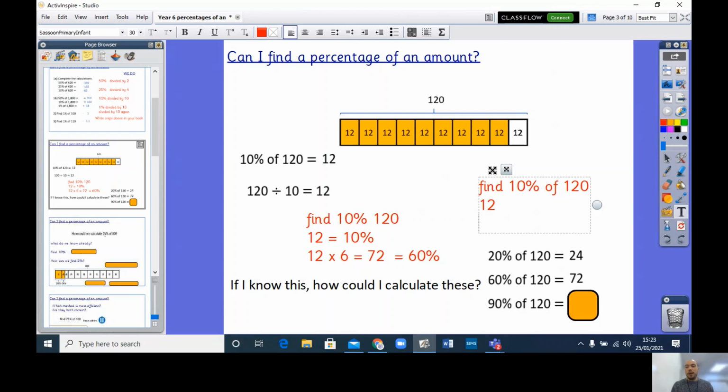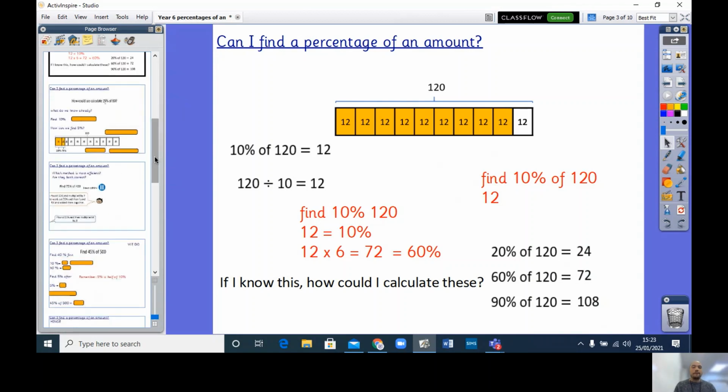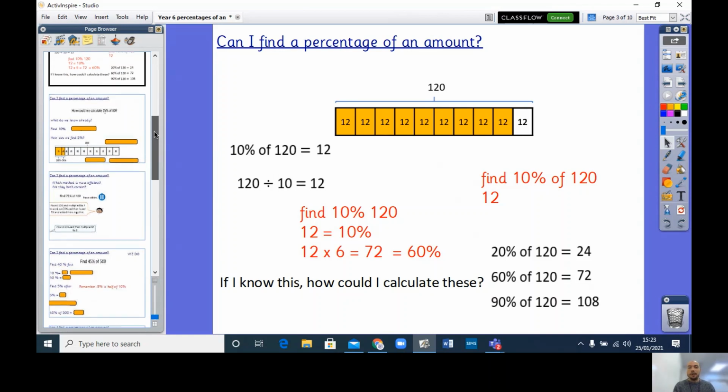Well, we want to get from 10% to 90%. So we're going to multiply 12 by 9, giving us our answer, 108. So you'll see in the learning today, find 10% first and then multiply it by the number you need to get to that final percentage, when it's a number like that.